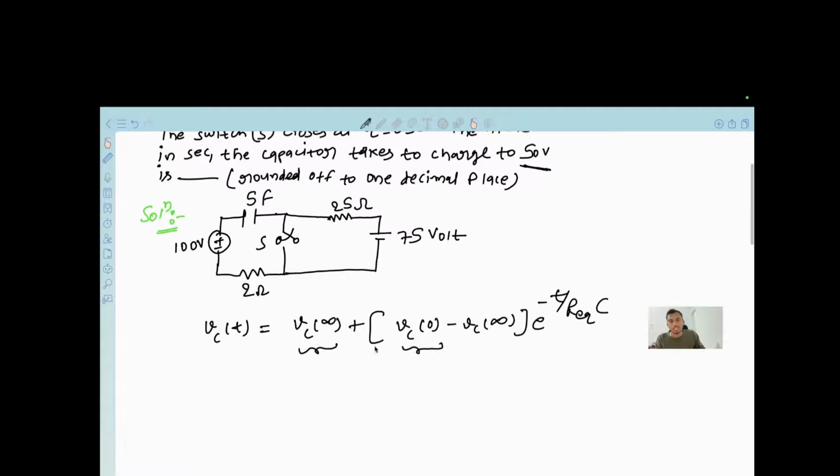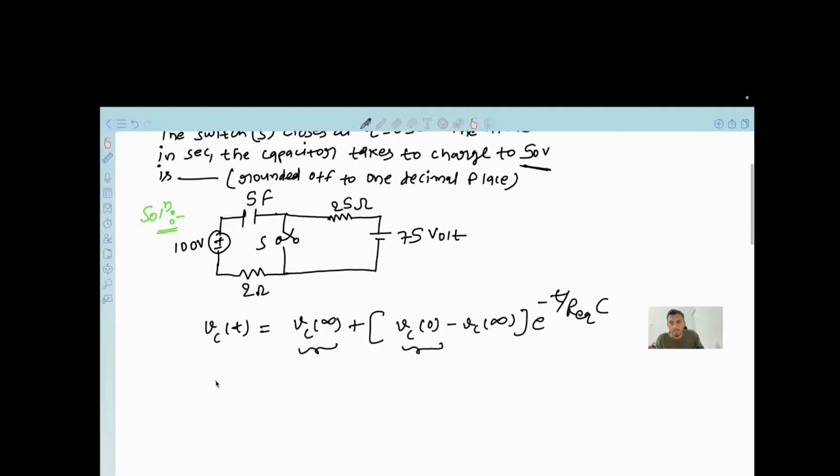To calculate Vc0, we'll have to analyze the circuit at t is equal to 0 minus, because the capacitor does not allow sudden or abrupt change in the voltage. So voltage at t is equal to 0 minus will be the same as the voltage at time t is equal to 0 plus.